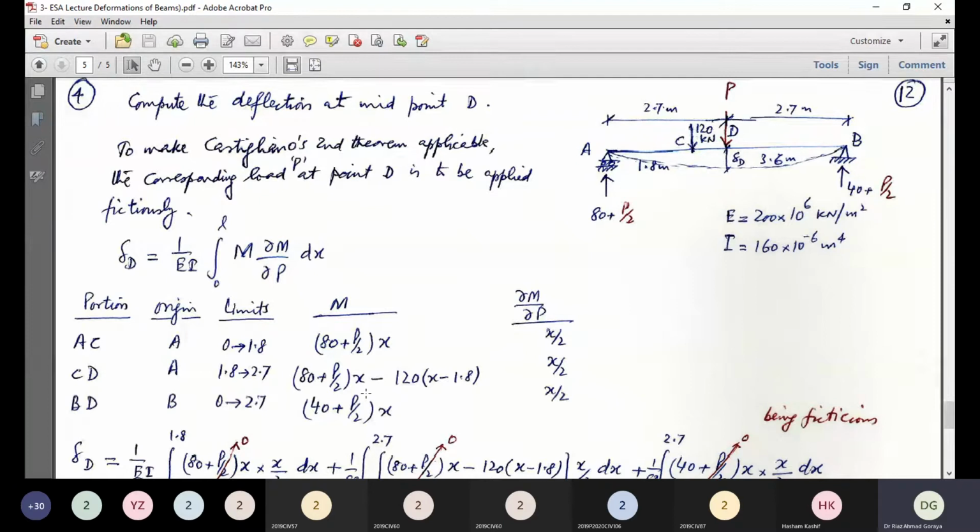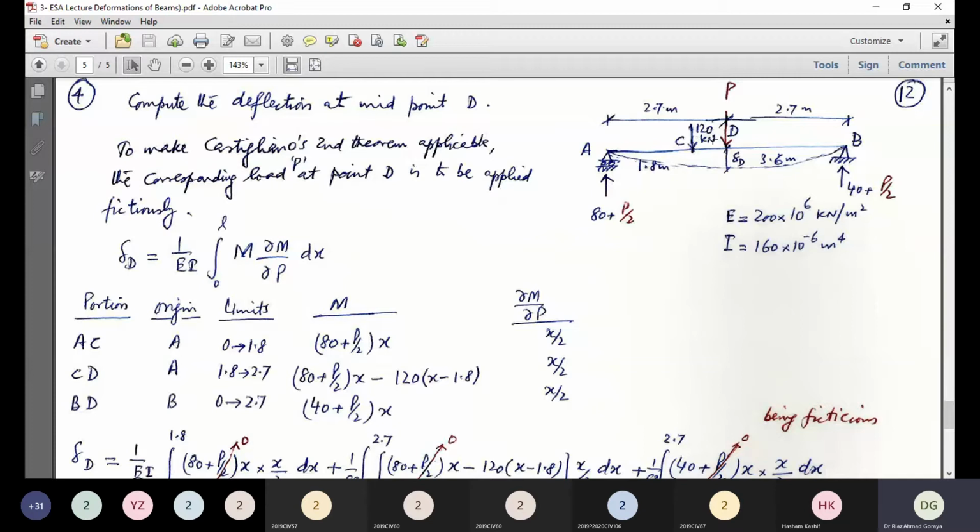Now for portion CD, little more concentration is required. So the x will be from A up to any point between A and B. Let this distance be x. So it will be 80 plus P by 2 into x, minus, now there is this 120 load also, minus 120 into the distance up to here, which is x minus 1.8.